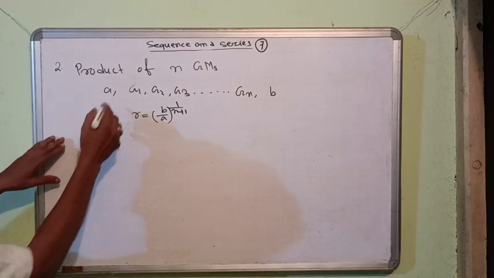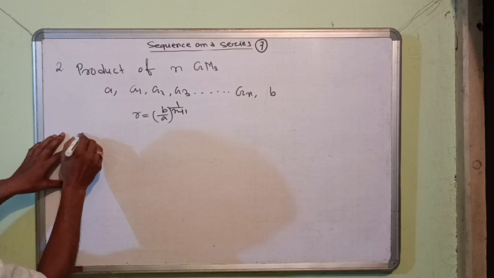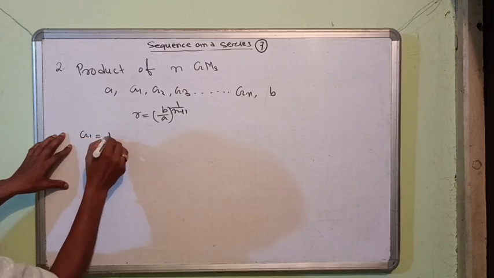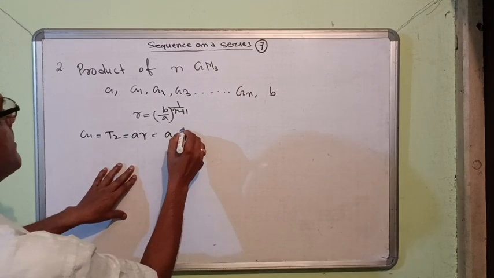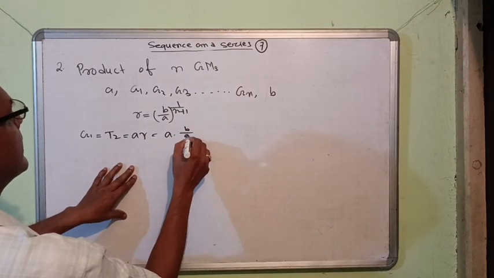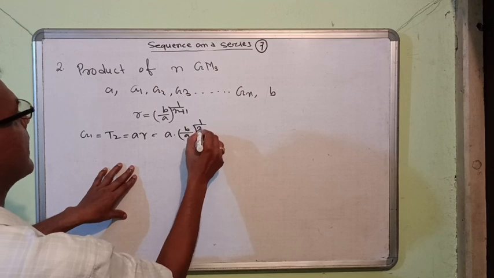G1 is equal to T2, which is AR, equal to A into (B by A) whole to the power 1 by n plus 1.